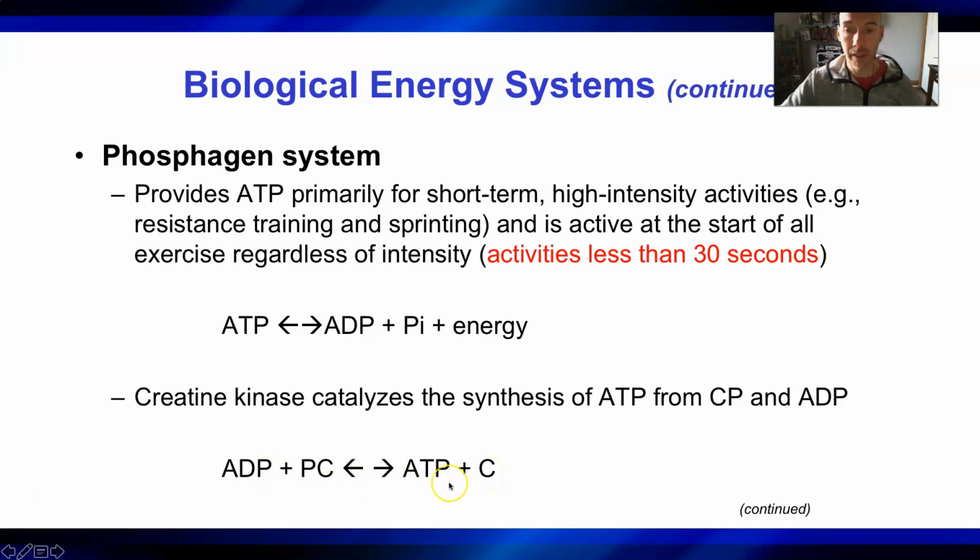So this system gets us to that 15-second mark, right? Anything that's going to take me 15 seconds to do, most of that energy is going to be supplied by this aspect of the phosphagen system, okay? And in general, we typically say anything that takes less than 30 seconds, most of the ATP comes from this area here.